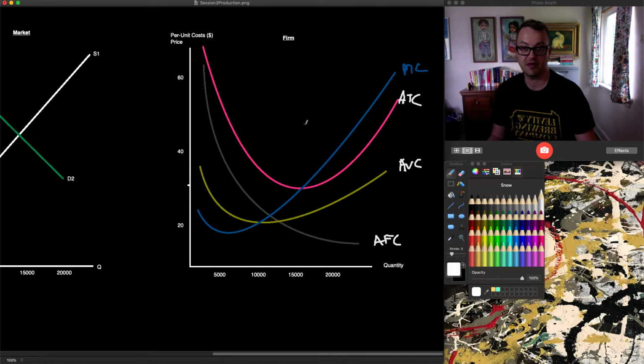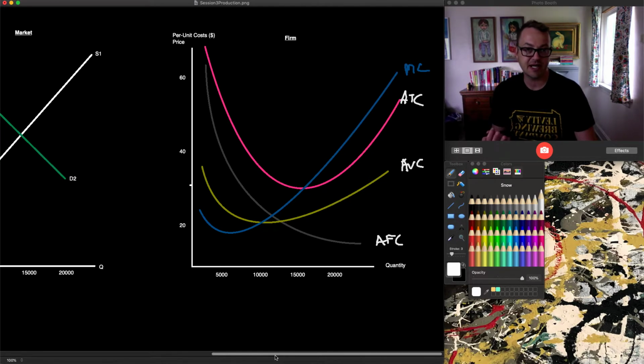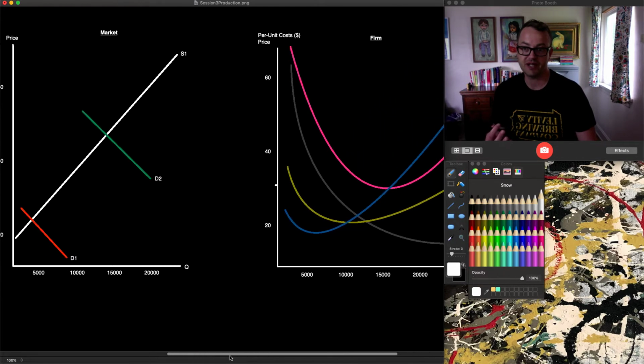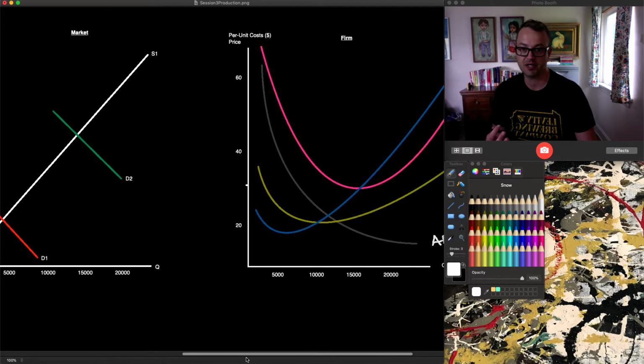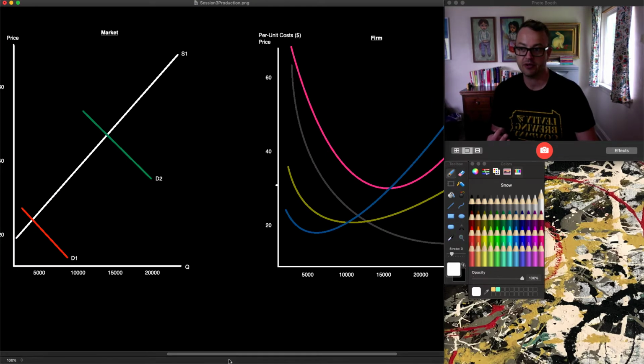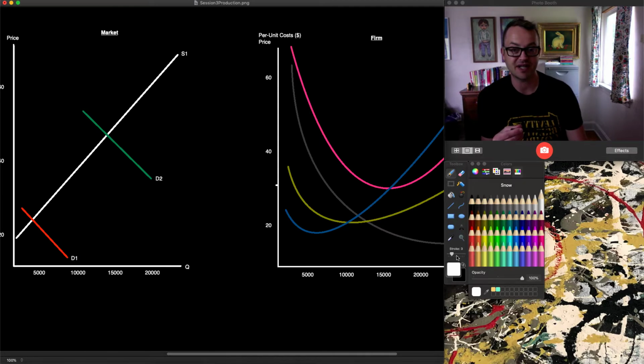Okay, so these are the internals of the firm. Well, how do we decide how much to produce? Well, that's dependent on market conditions here. So we move to the market and we see that there's other suppliers. I have two scenarios called D1, D2. Let's say D1 may be a time such as now where there's extremely low demand. People are not getting out buying things.